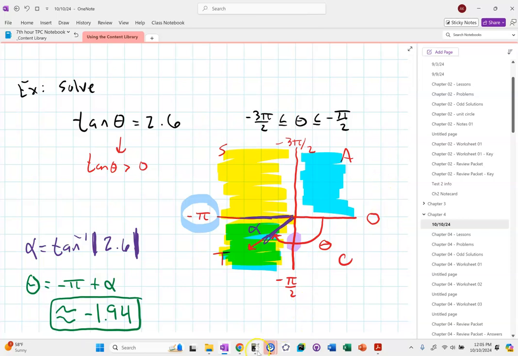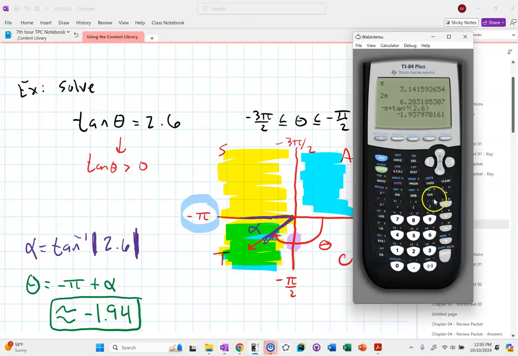And let's do our check real quick. So tangent of that should give me 2.6. It does. And that answer should be between negative 3 pi over 2. So it is bigger than negative 4.7.